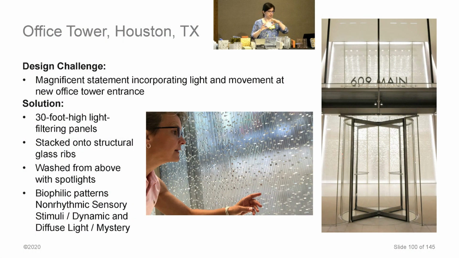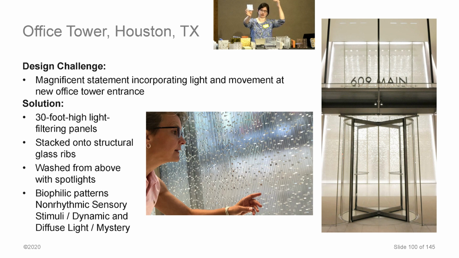Lastly, we have the office tower in Houston, Texas. This one probably works pretty well because it's got the nice light in the back. This is one of the wall features, the installations. The idea that they had was to create a real statement look, to be seen from outdoors, especially at night. It's got kind of wall washing in the back for lighting, stacked onto structural glass ribs.